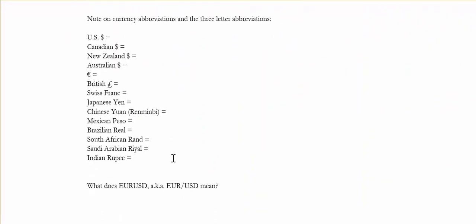Right, now, like I had told you, there are all these three-letter abbreviations for currencies, and I just want to go over them now. It's a little fun to talk about them, but they're so common, and I don't want you to be confused if I use these, and if you see them when you're reading about exchange rates. We've already discussed the symbol for US dollar is USD. The Canadian dollar is CAD, CA for Canada, D for dollar.